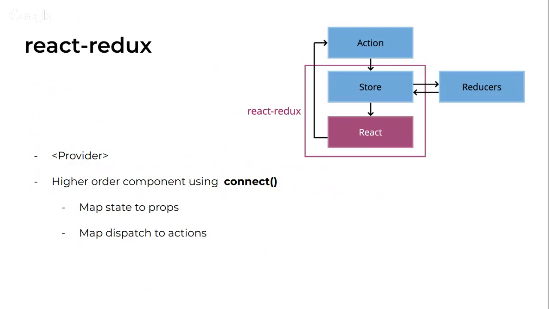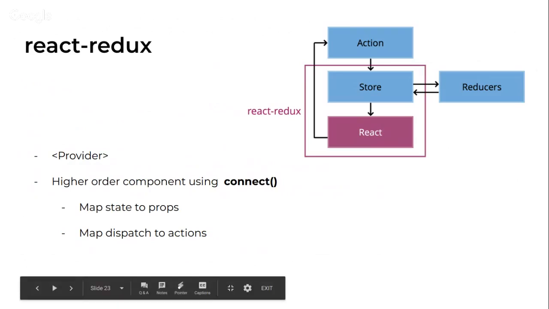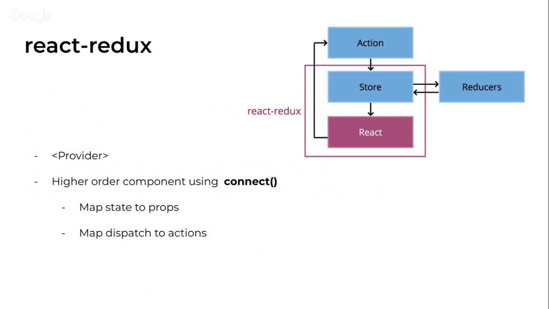I will go into detail on how this is done. The store and React part is covered by React Redux by providing all the components access to the store. We'll also talk about how you map Redux state to props and the store's dispatch to actions inside the component.